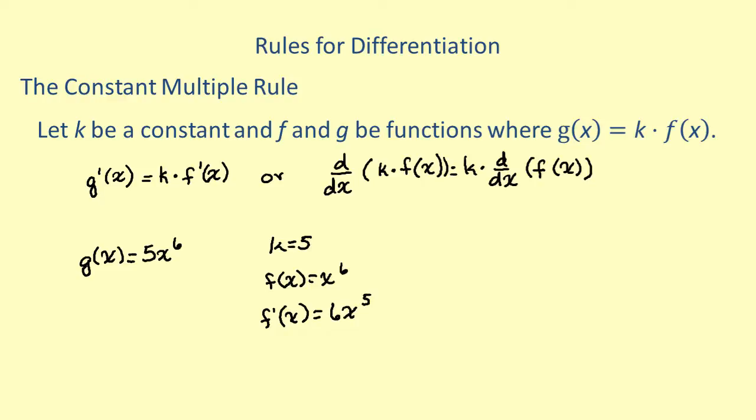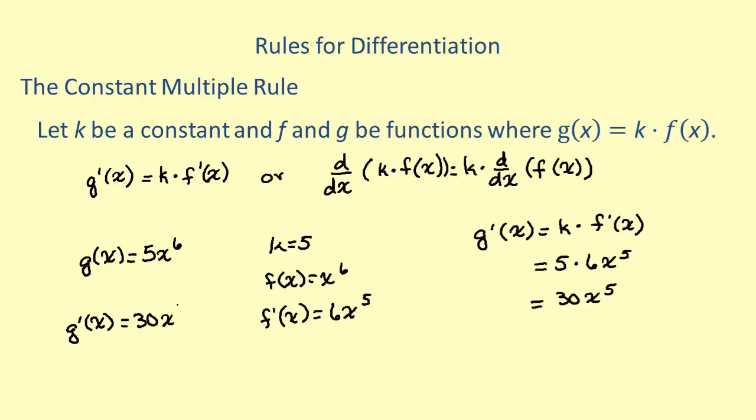Now substitute these values into g prime of x equals k times f prime of x to get 5 times 6x to the fifth. Simplifying this results in 30x to the fifth. Therefore, g prime of x equals 30x to the fifth.